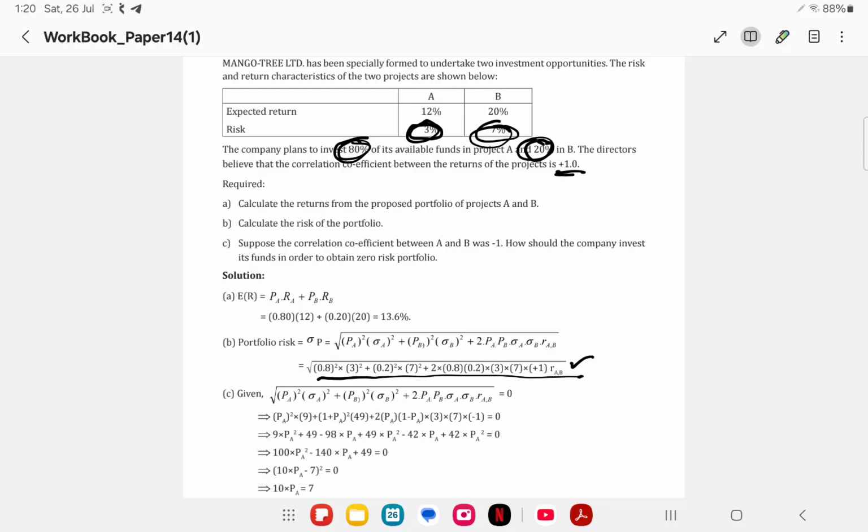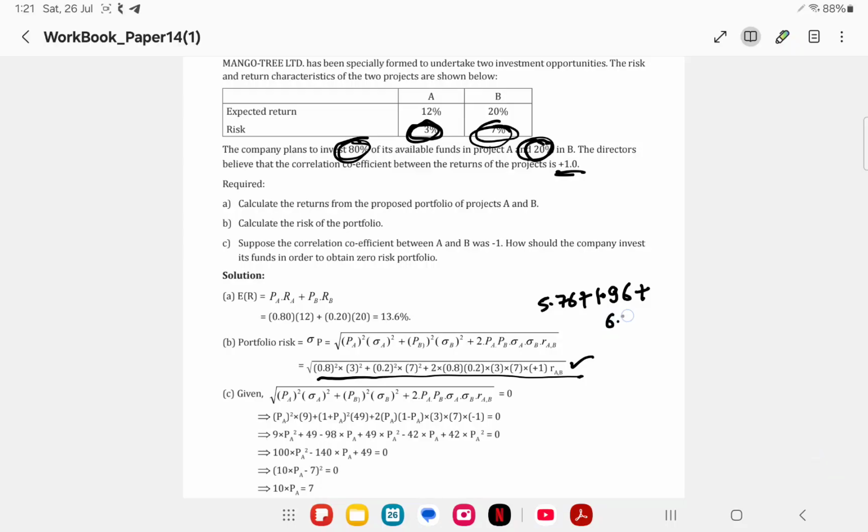Let us calculate once. 0.8 into 0.8 into 3 into 3, which comes to 5.76, plus 0.2 into 0.2 into 7 into 7, which comes as 1.96, plus 2 into 0.8 into 0.2 into 3 into 7 into 1.